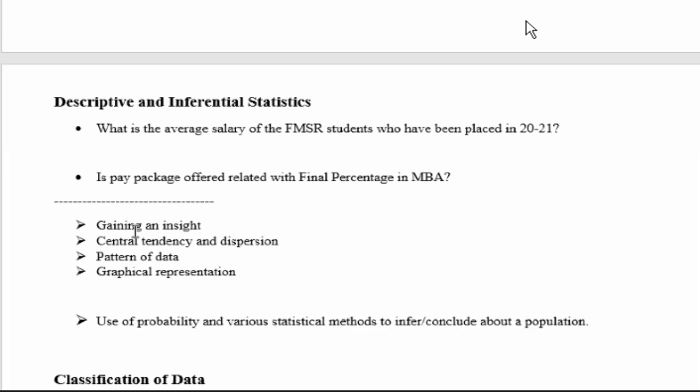We can also use graphical representation for describing the characteristics of the group under study. That is all about descriptive statistics. But when we use probability and various statistical methods to infer or to conclude about the entire population under study, then that is your inferential statistics.